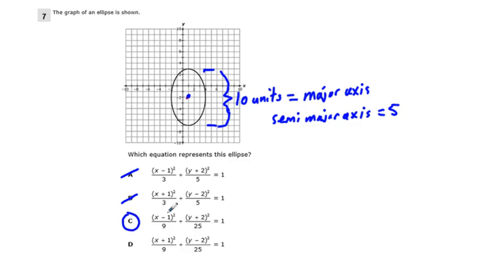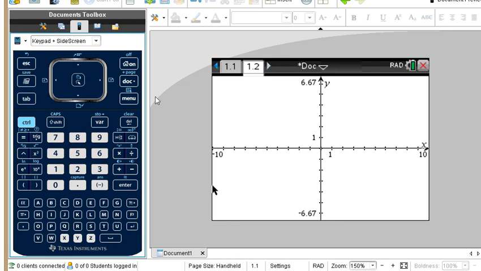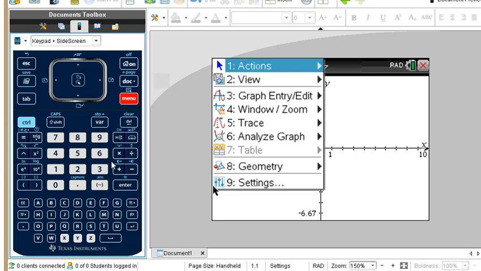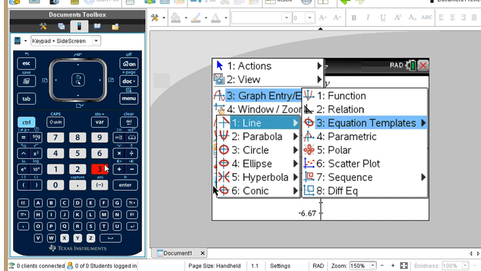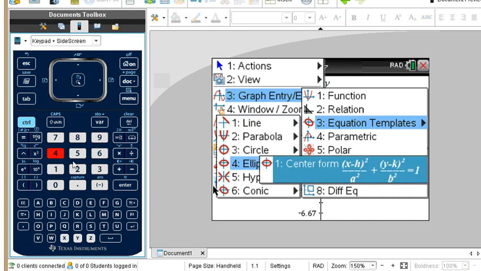So this is it. And if you have any doubts about this, you can go to your TI-Nspire CX calculator just to verify that, and we're going to graph this choice C and see if we get the same thing we get in the graph above here. And you can, prior to analysis, just do this yourself. So in our graph page here, we go to Menu, Graph Entry Edit, and we go to Equation Templates 3, and then we go to 4, Ellipse. In center form, we get this.